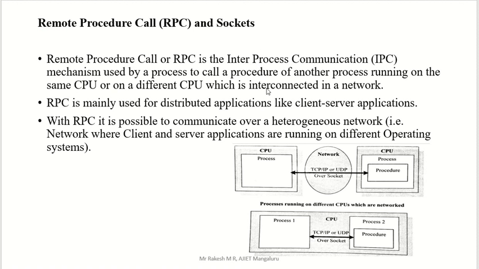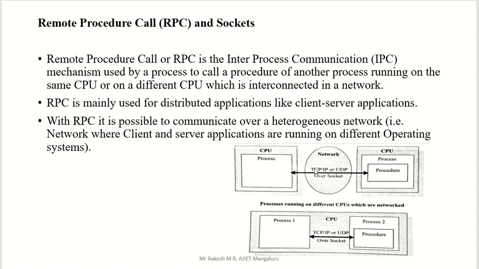We have another method. One is message passing, one is shared memory, another one is remote procedure call, that is also called socket, also called RPC. RPC is the short form of remote procedure call. So what is the meaning of that?